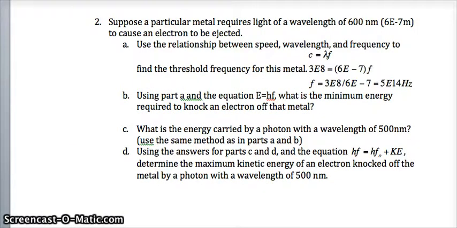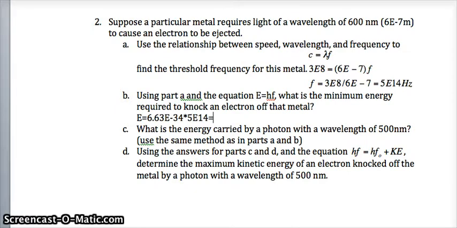Okay, so the next step: using the answer for part A, which gives you the frequency, and the equation E equals hf, what's the minimum energy required to knock an electron off that metal? So E, the energy, is equal to 6.63 times 10 to the negative 34th, times our 5 times 10 to the 14th.